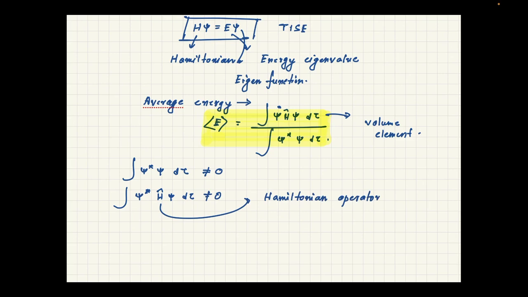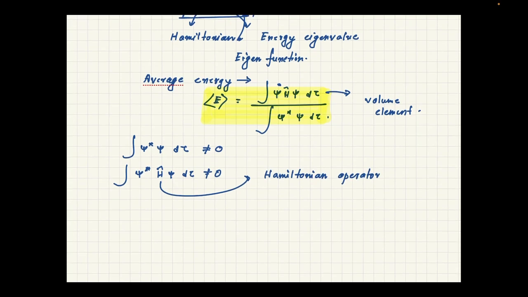The Hamiltonian operator is Hermitian; in general it is a real symmetric operator. That means the Hamiltonian is symmetric with respect to all symmetry operations.